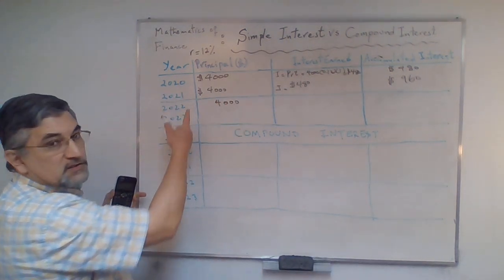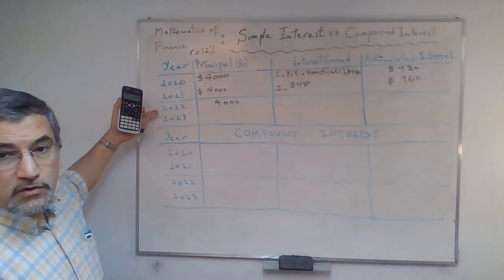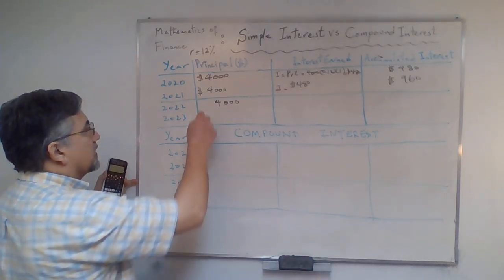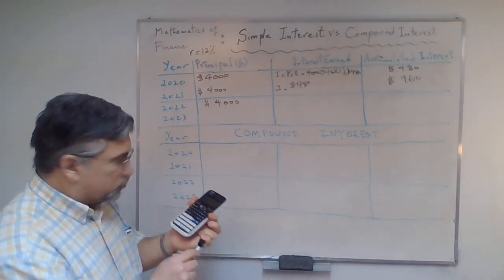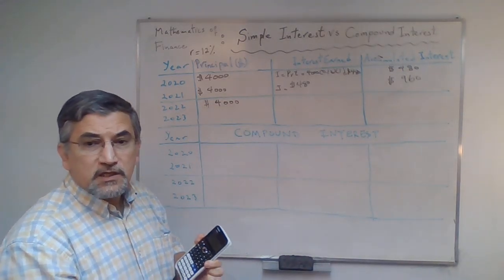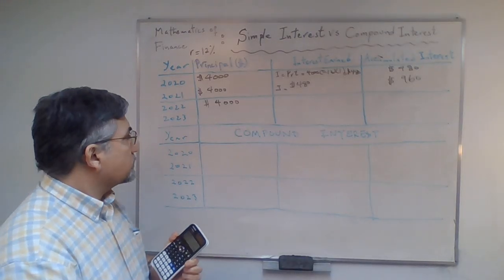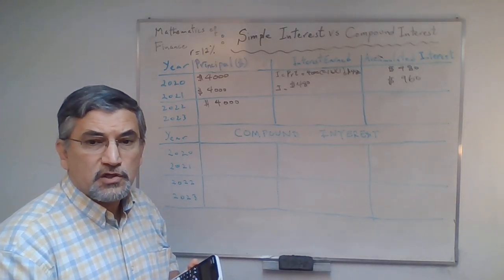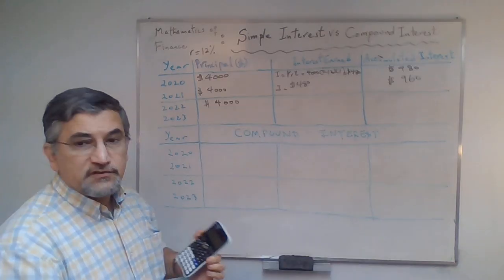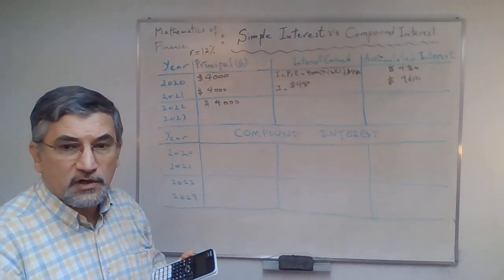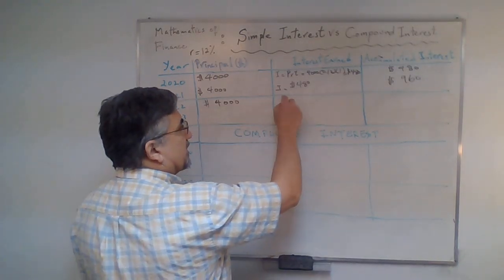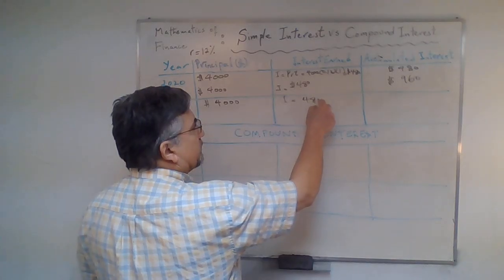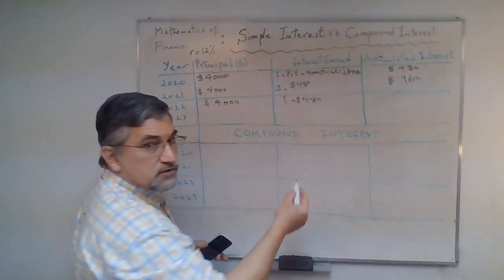Now, for the third year. So this is 2021. Now we go to 2022. So in 2022, again, the principal is 4,000. That's the initial amount of money you started your investment with. And every year you're earning $480, with the assumption that the rate of interest has not changed.